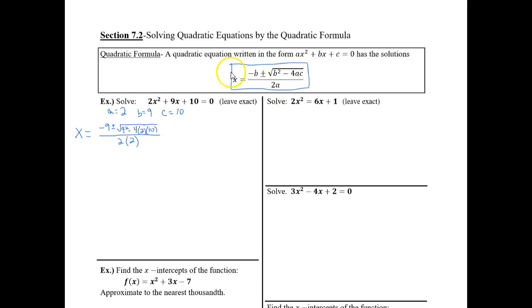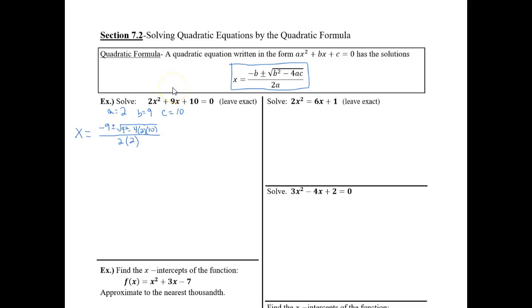So again, you can just see we're plugging in 9 wherever there's a b, 2 wherever there was an a, and 10 wherever there was a c. There's no x's here. We're finding x. So there shouldn't be any x's or x squareds in this part of the solution.